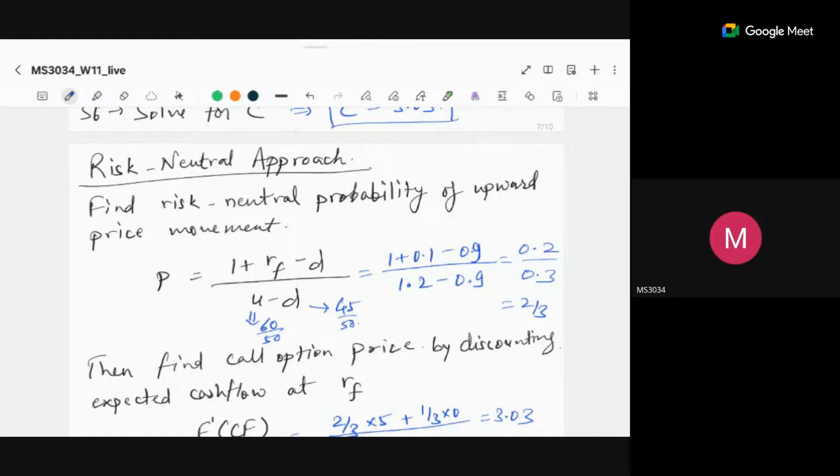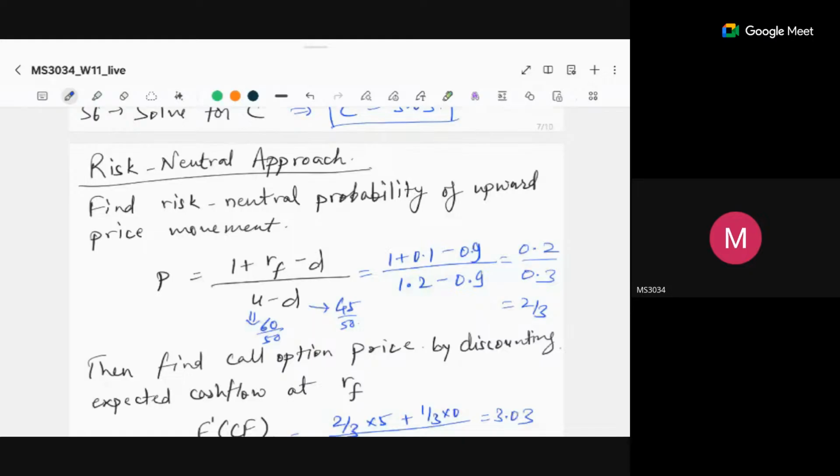These are the ratios of final price to initial price. Putting in the values, that is 1 plus 10% minus 0.9, the down movement, divided by 1.2 minus 0.9, which becomes 2 by 3, my risk neutral probability of upward movement.